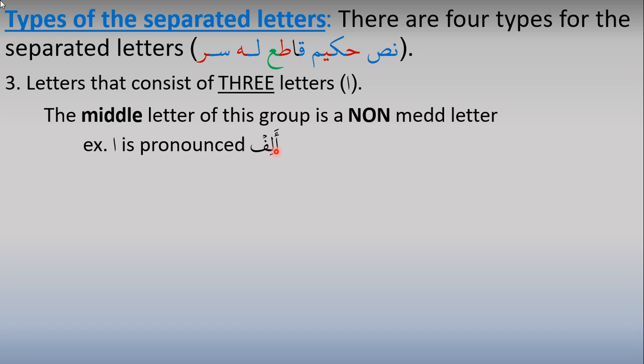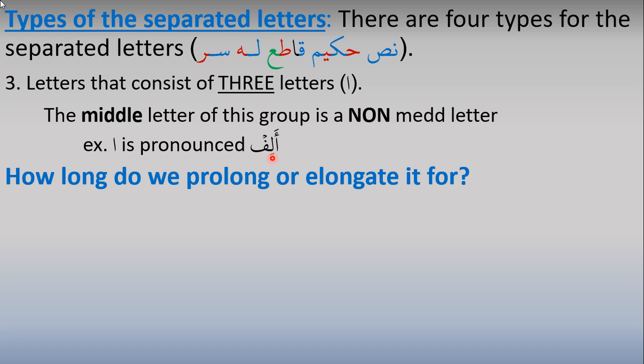As we know, the lam is not a mad letter because the mad letters are alif, waw, and ya. So how do you pronounce this one? Alif, and that's only for the alif. How long do you prolong it? There's no elongation here, because there's no mad.